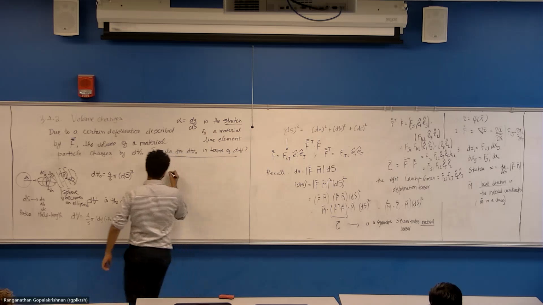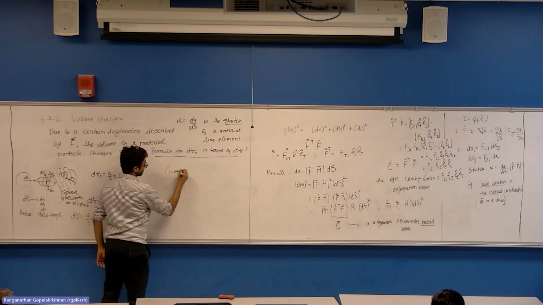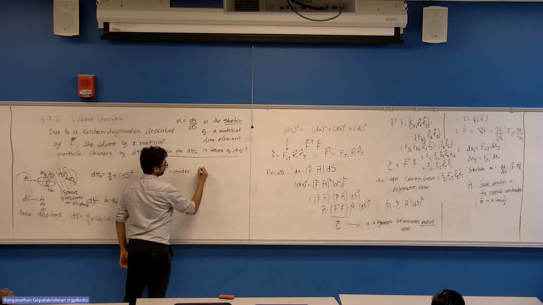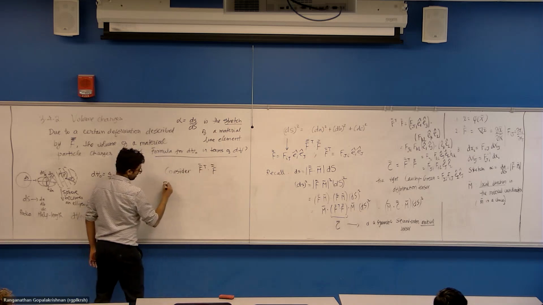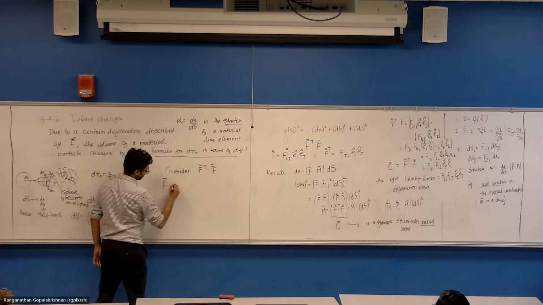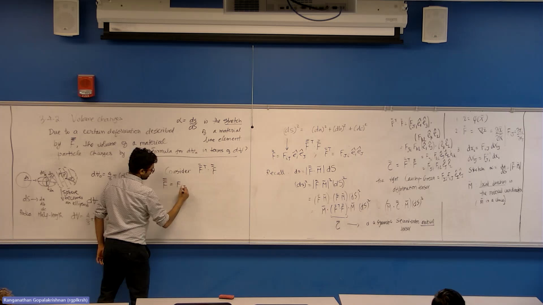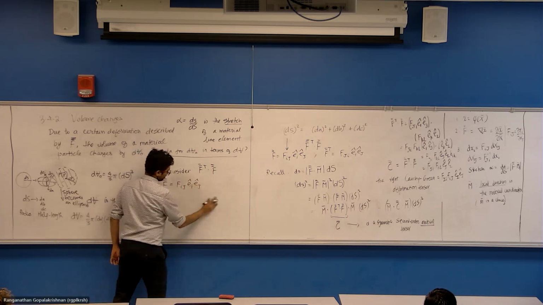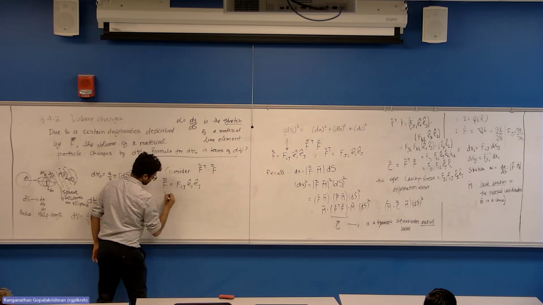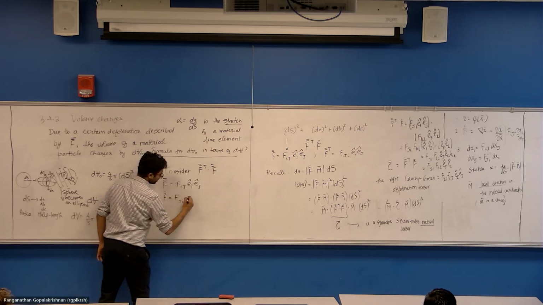Consider F transpose dot F. F equals Fij Ei Ej. F transpose equals Fji Ei Ej.